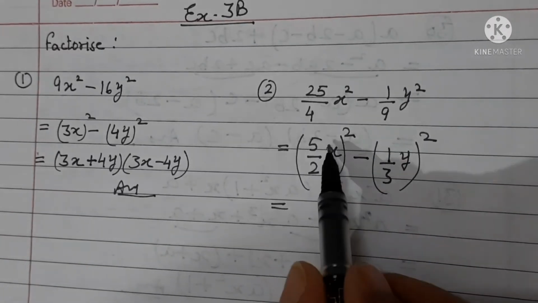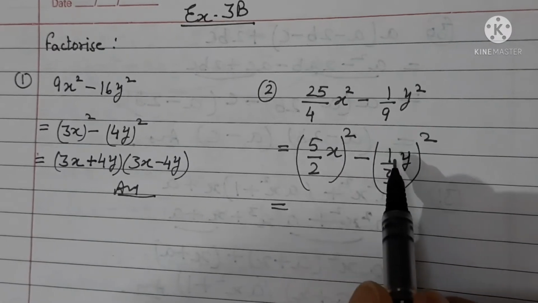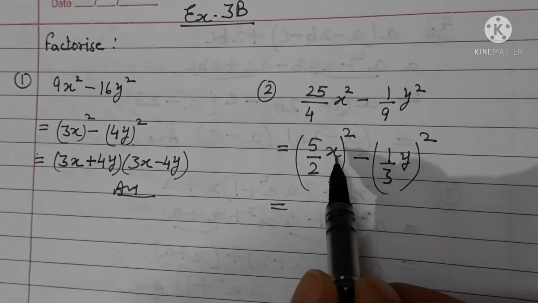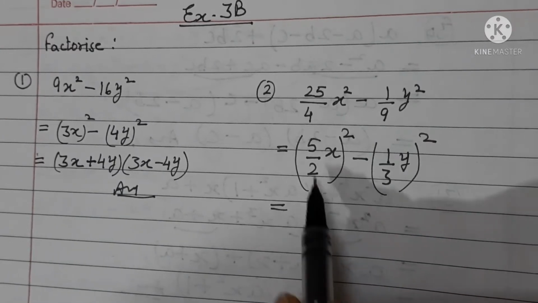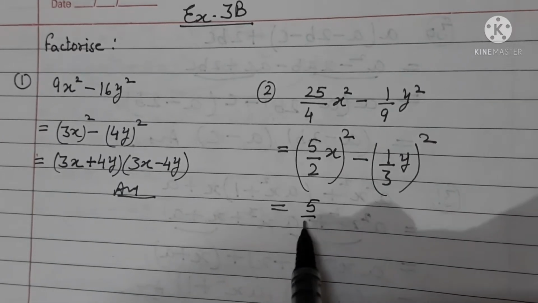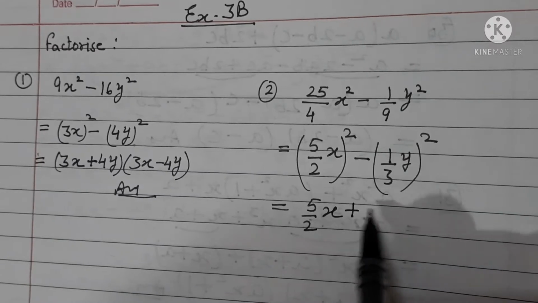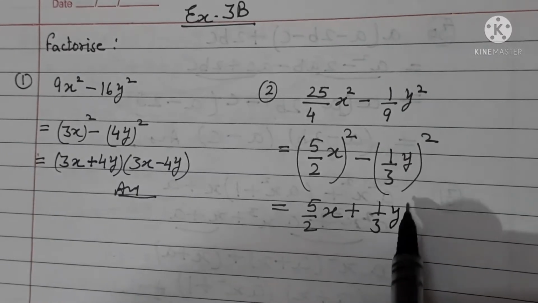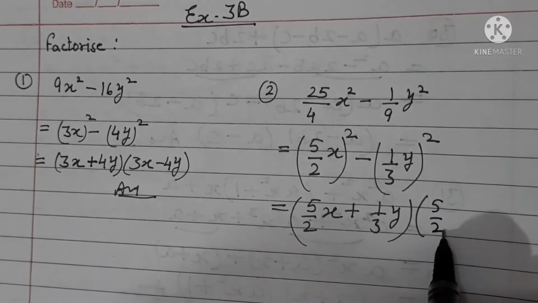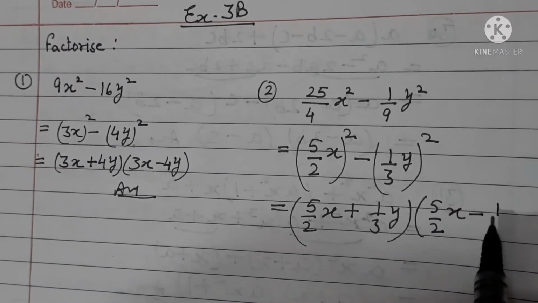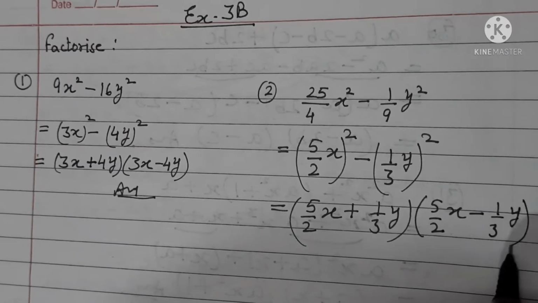So a is 5 upon 2 x and b is 1 upon 3 y. A square minus b square is equal to a plus b into a minus b. So write down (5 upon 2 x plus 1 upon 3 y) into (5 upon 2 x minus 1 upon 3 y). Answer.